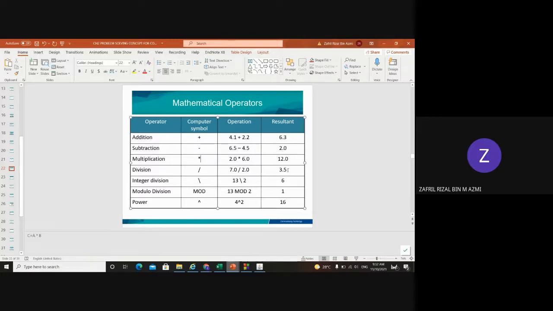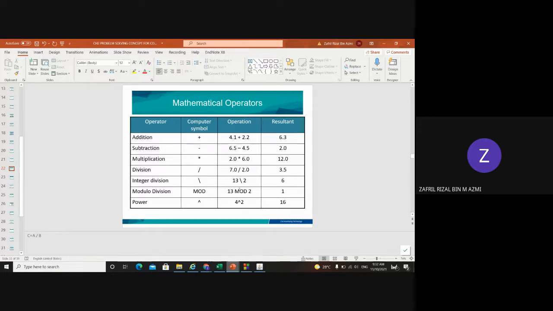And for normal division, where the answer you will get has a decimal value, you use slash, not the manual division symbol. So this is the division symbol you want to write down. If you want to calculate A divide by B, you use this slash.